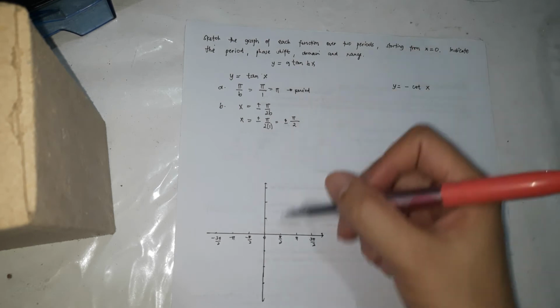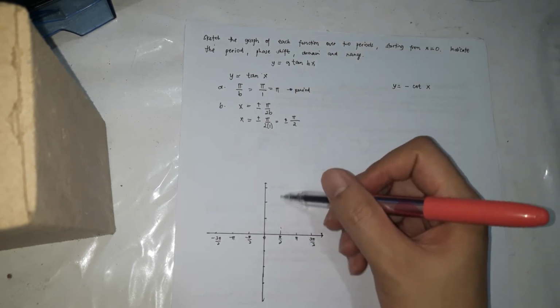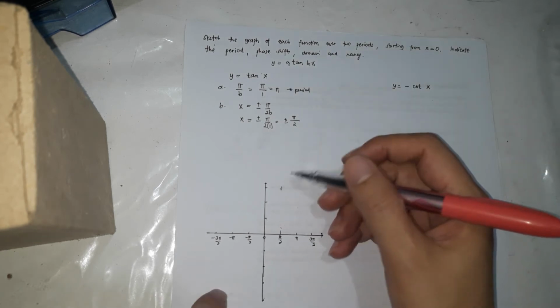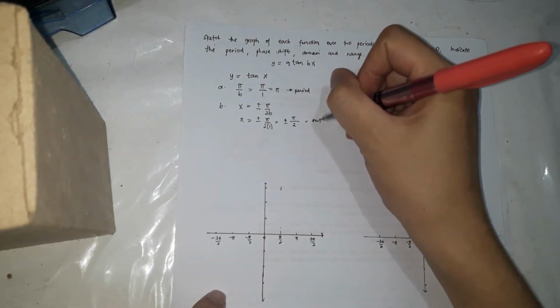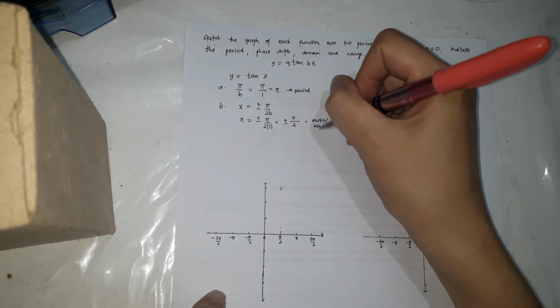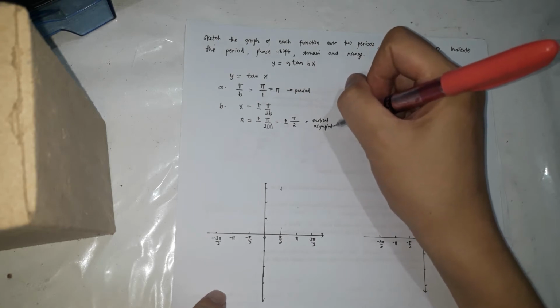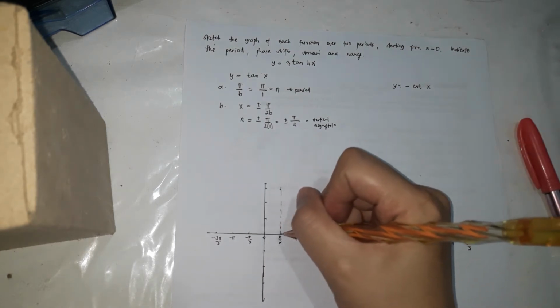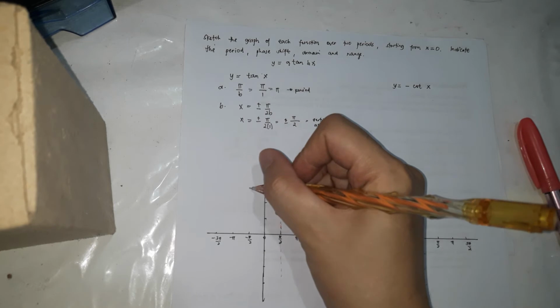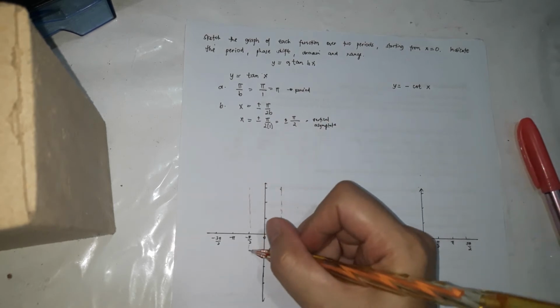So these are the vertical asymptotes. The distance between them is actually pi.